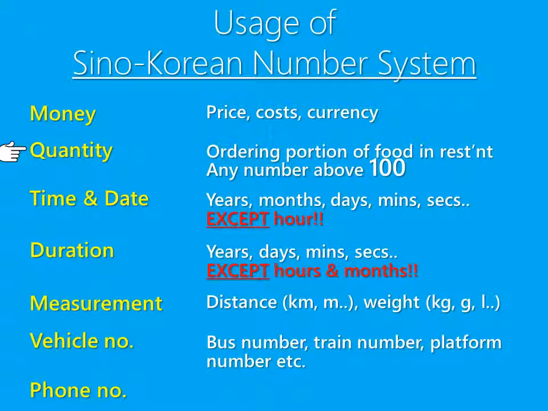Barbecue 2, in person, 분, portion, 2 people's worth of portion, 주세요, please give me. Barbecue 2인분 주세요. So in this case, we use Sino-Korean number system. Then any numbers above 100, you could also use Sino-Korean number system because it's easier to pronounce.